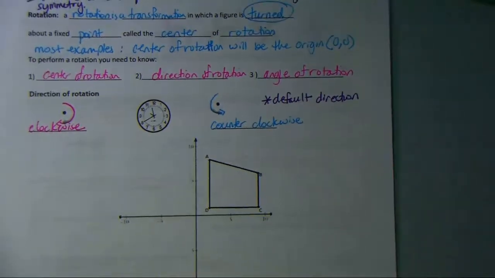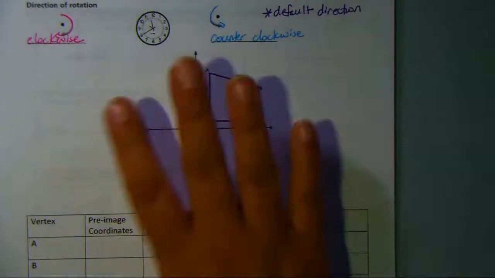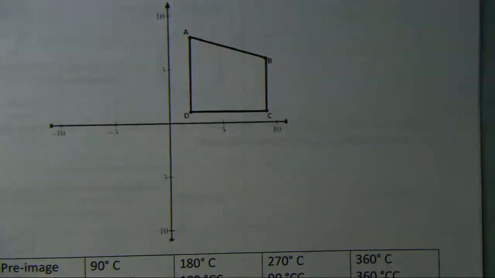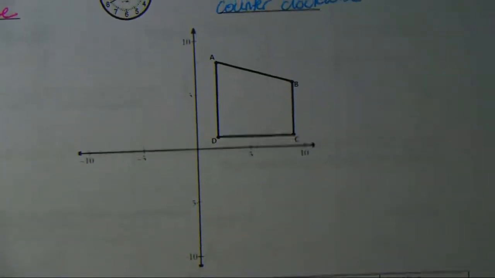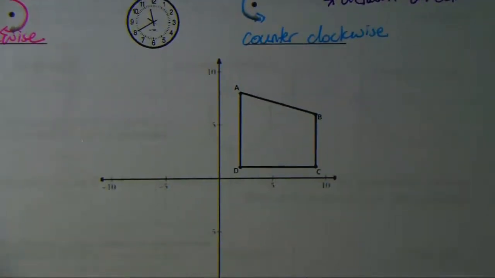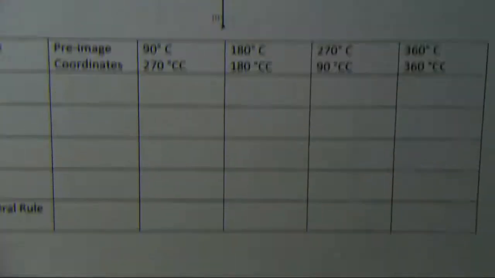Okay. So we're going to do a little bit of discovery here with our lesson. And we have a figure here. I'm going to zoom in here. We're given a quadrilateral ABCD, and we're going to use this quadrilateral to figure out how to fill in this chart here.